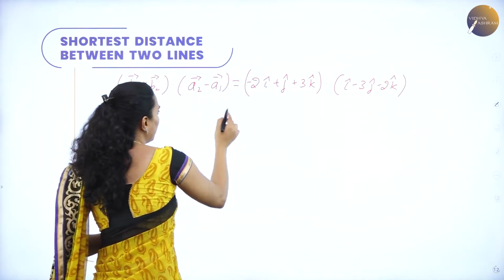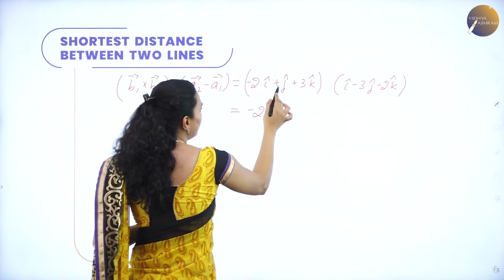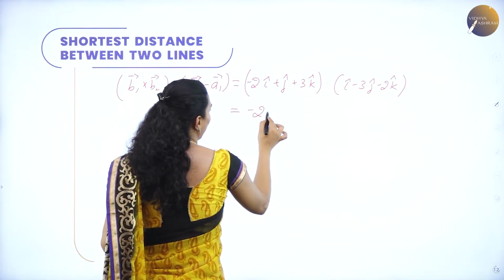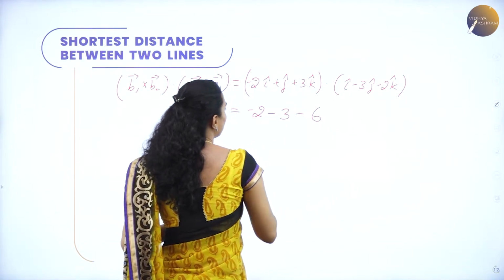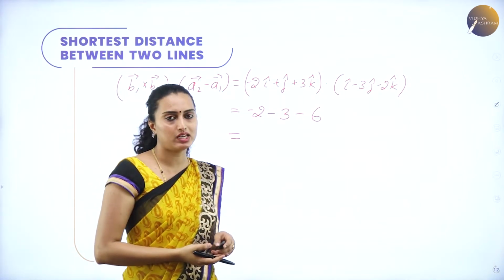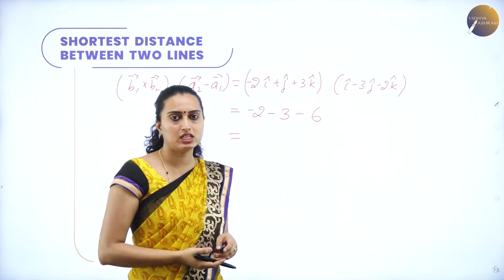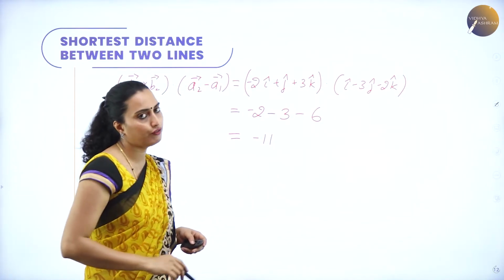Now you can multiply this, which will become minus 2 into 1 is minus 2. 1 into minus 3 is minus 3. Again 3 into minus 2 is minus 6. So minus 2 minus 3 is minus 5. Minus 5 minus 6 is minus 11. So minus 11 is the dot product of those two.